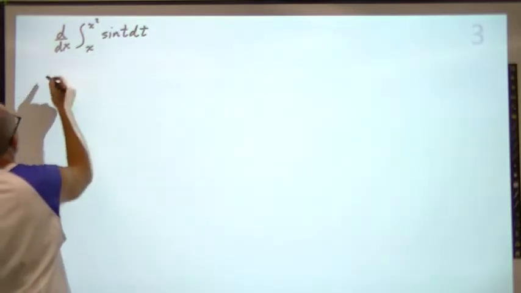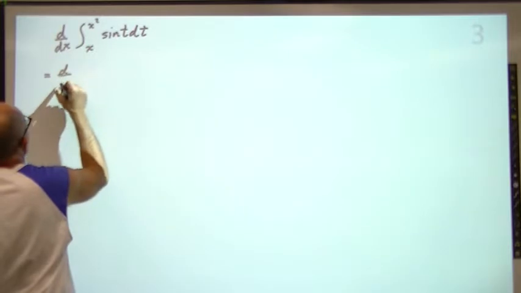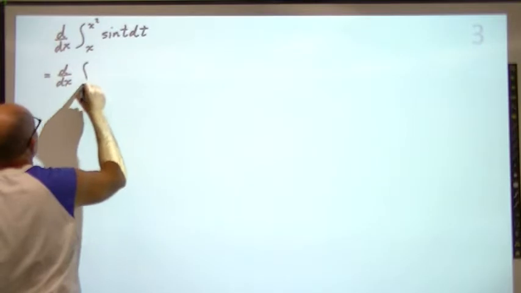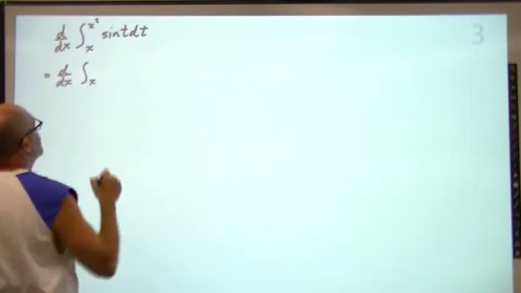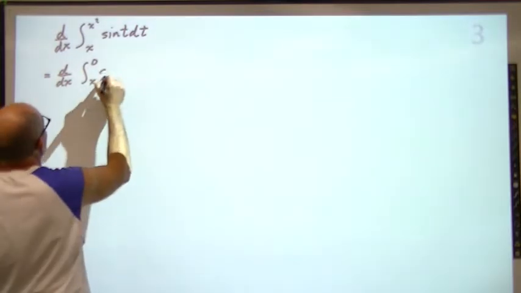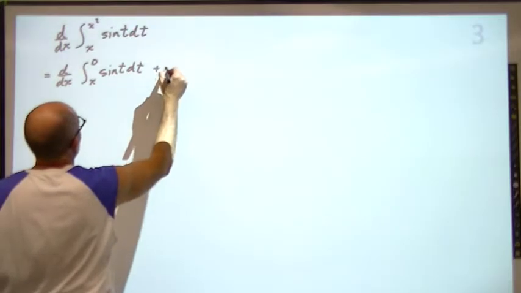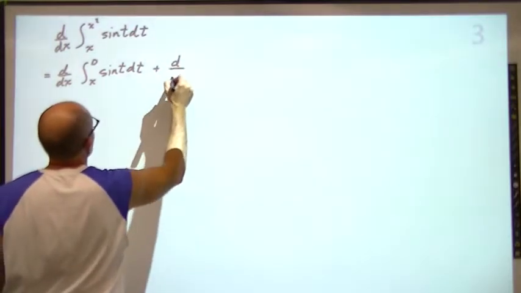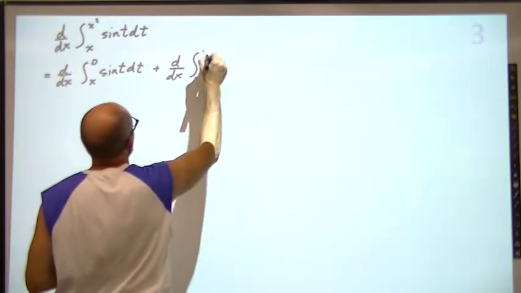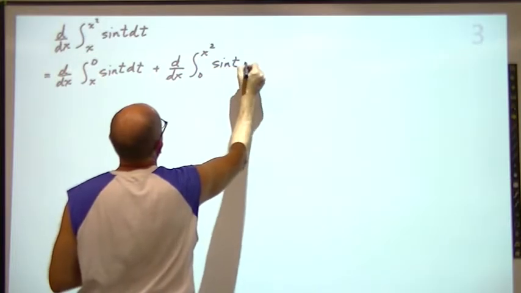So this is going to equal the derivative of the integral from x to anything, any constant, let's just make it 0, of sine t dt, plus the derivative of the integral from 0 to x squared of sine t dt.